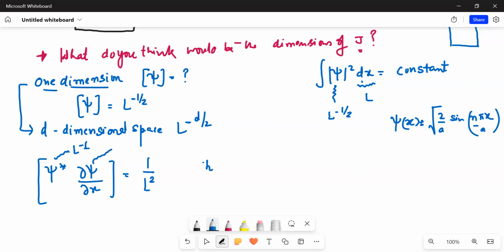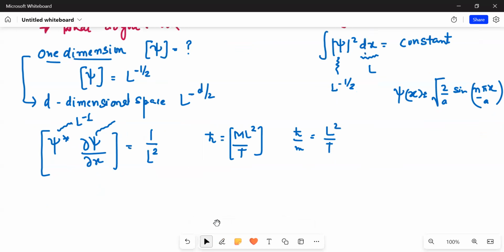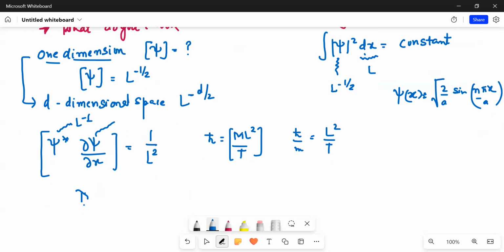Okay. What do you think the dimensions of h cut would be? I think it will be m L square upon t. You just find it on your own. This is very simple to do. And if you find h cut upon m, you find that it is L square upon t. So the dimensions of h cut upon m times psi star del psi upon del x will be simply 1 upon time.